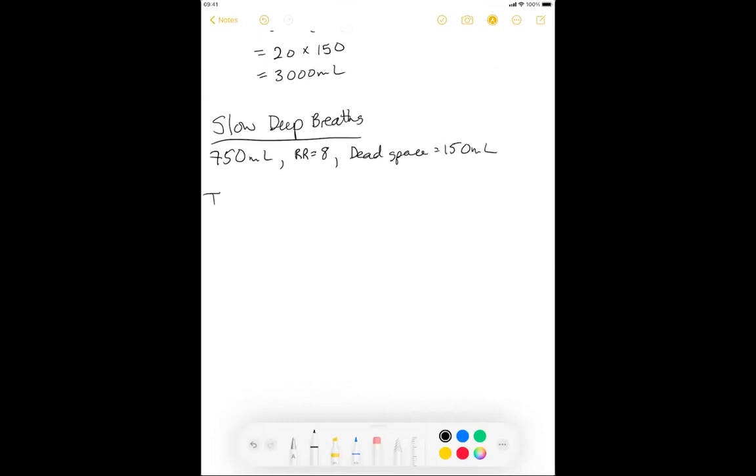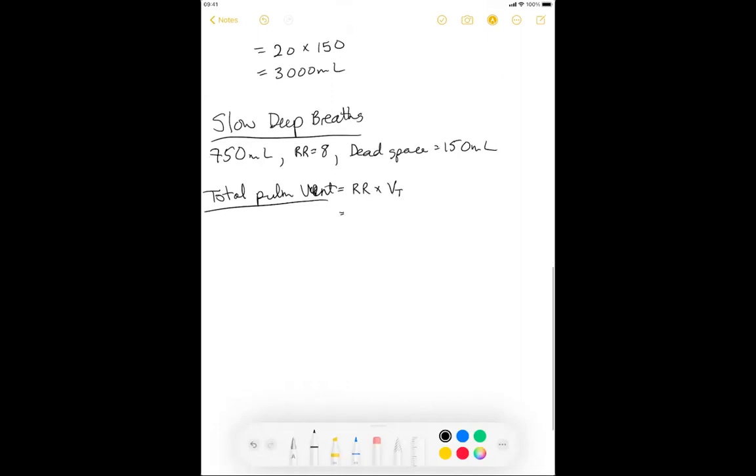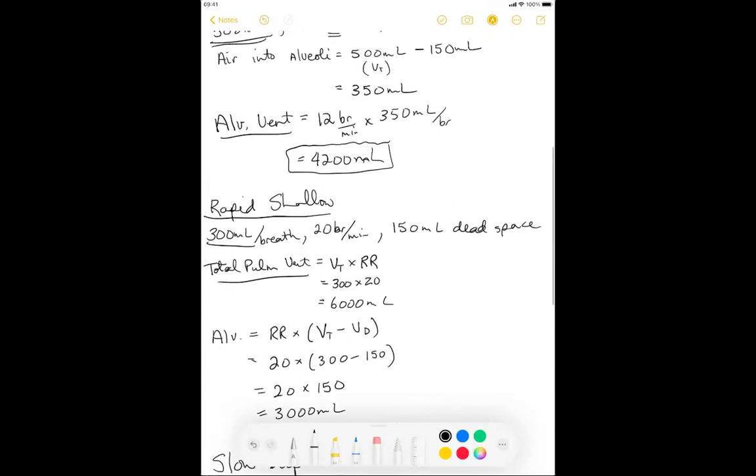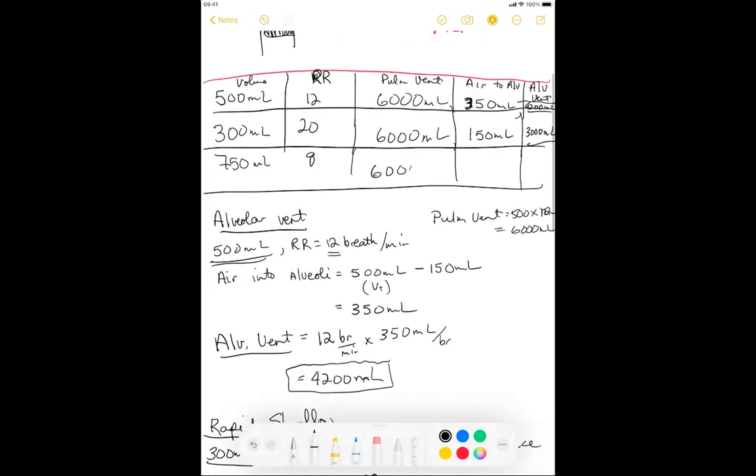So let's look at our total pulmonary ventilation. Total pulmonary ventilation is our respiratory rate of 8 times our tidal volume, so 8 times 750. If we multiply that out, we get 6,000 mils, no different in terms of our pulmonary ventilation.